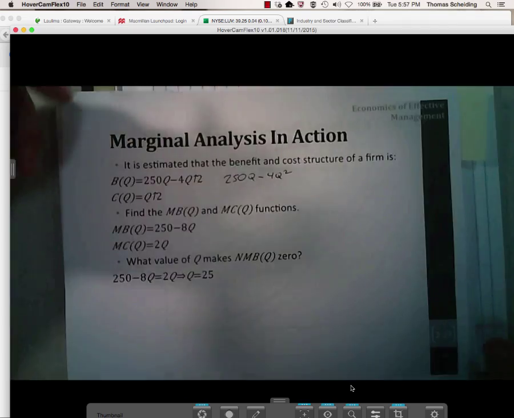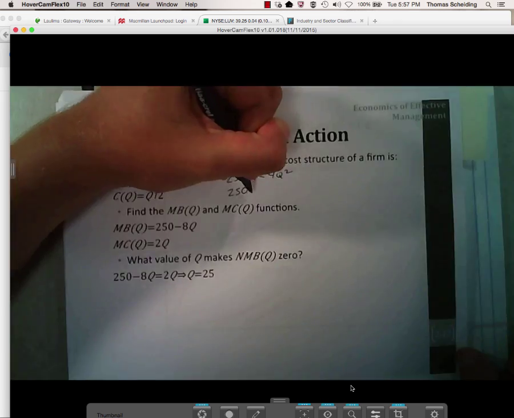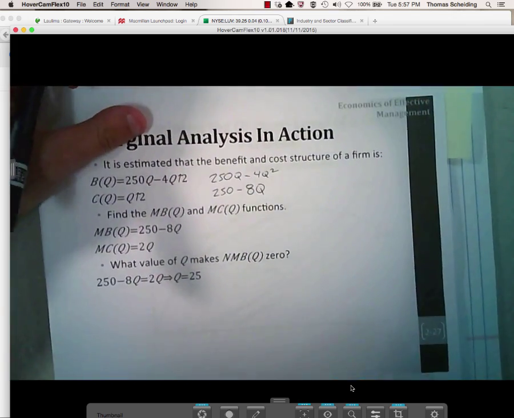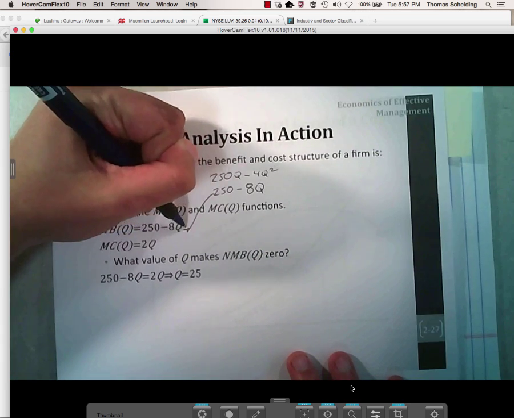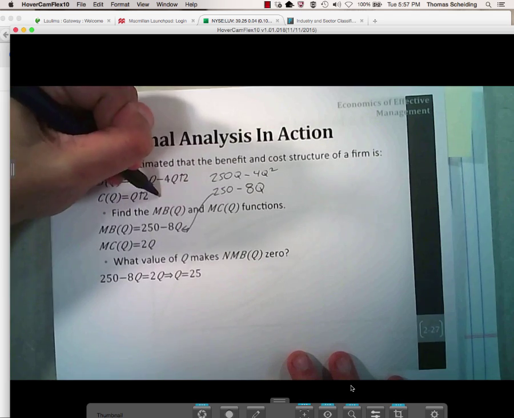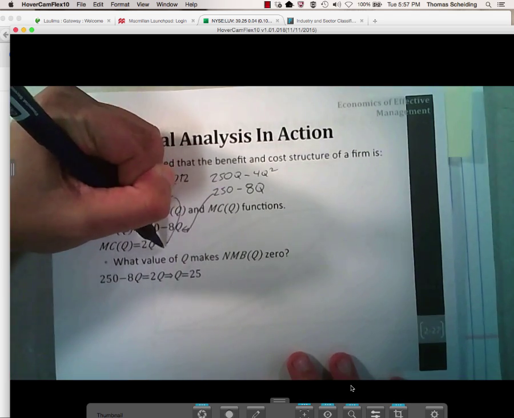Again, this is not a calculus-based course. You do not need to know this, but if you have a somewhat simple understanding of this, the power rule would tell me that that's my first derivative. And if this is q squared, then it's 2q.